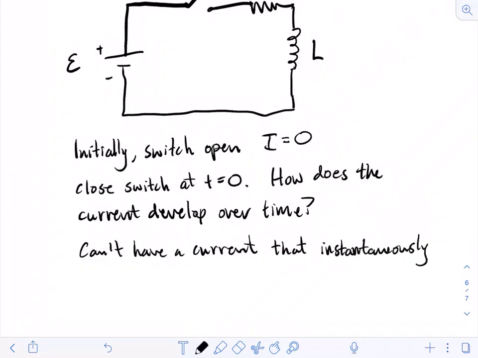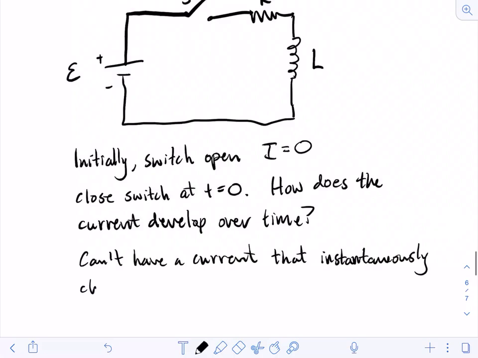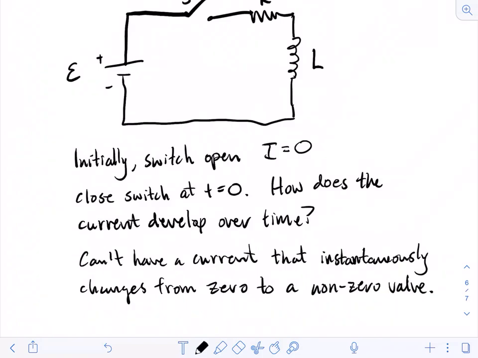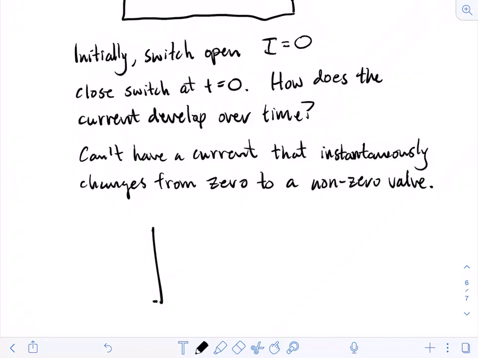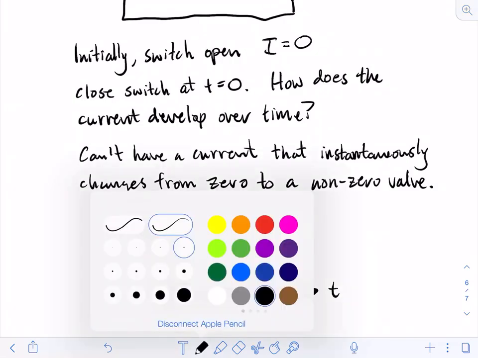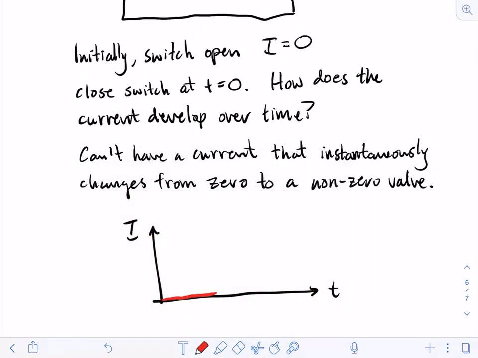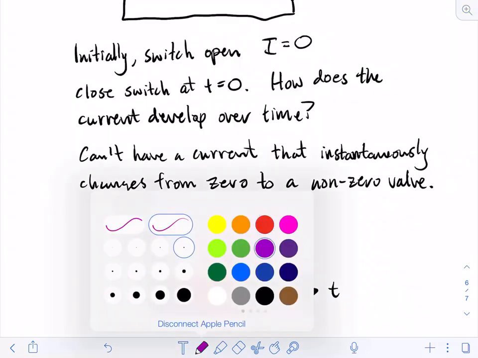Right, so if we were to plot the current as a function of time, it's not going to start at 0, and then right when the switch is closed at, say, t equals 0, instantly pop up to some non-zero value. Okay, so that doesn't happen.